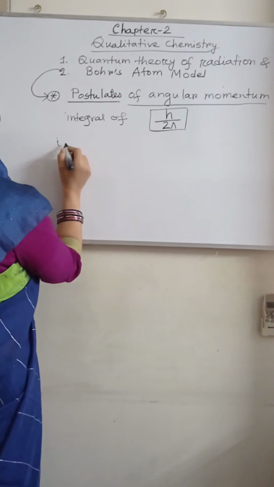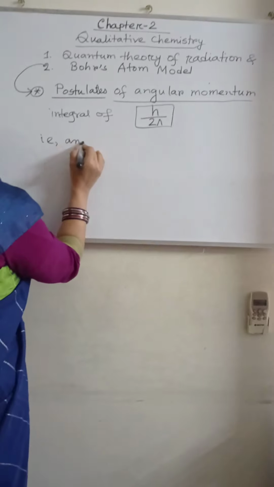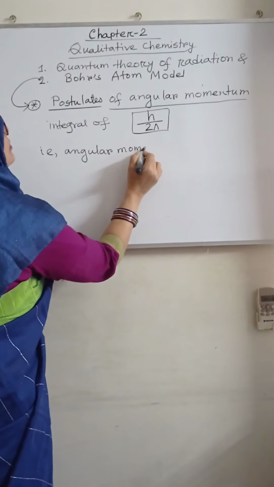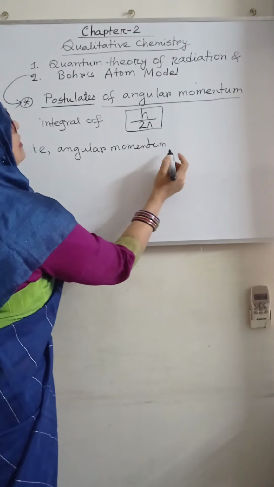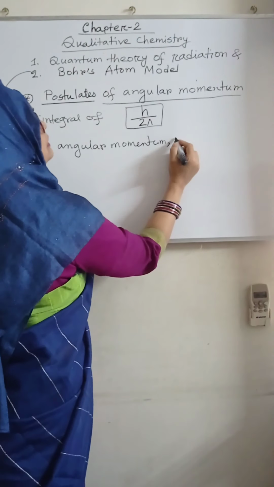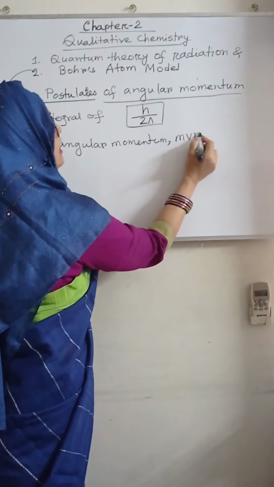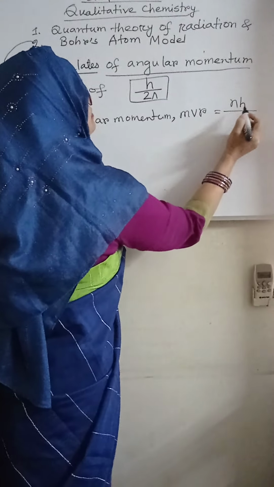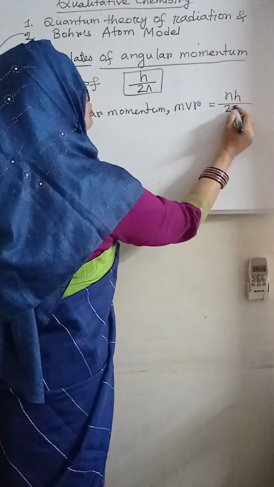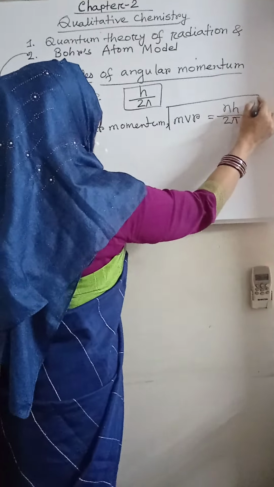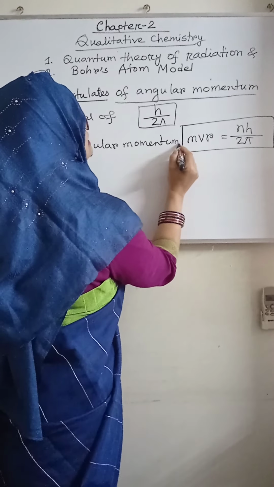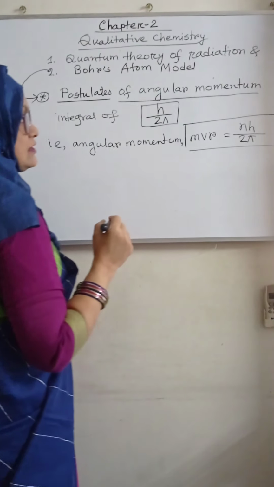That is, angular momentum mvr equals nh by 2 pi. This is the angular momentum of the electron and it is fixed for a certain energy level.